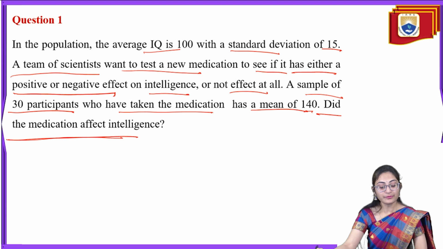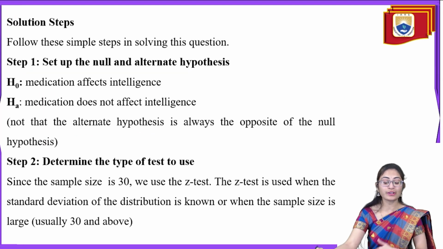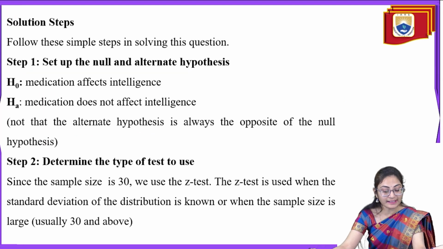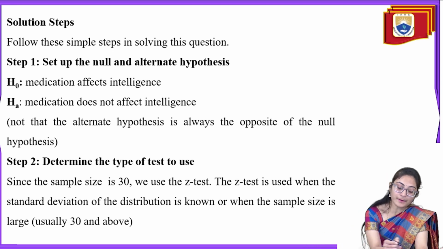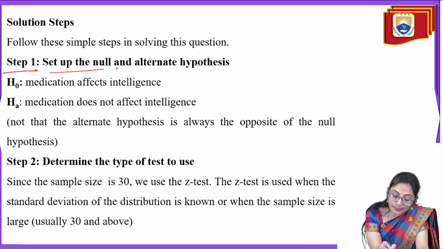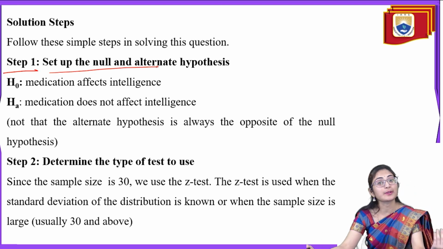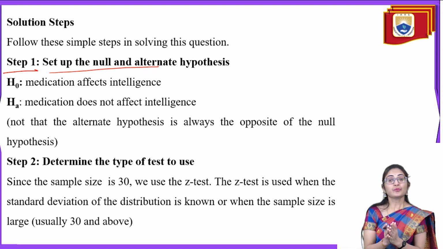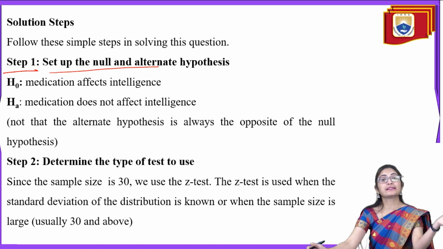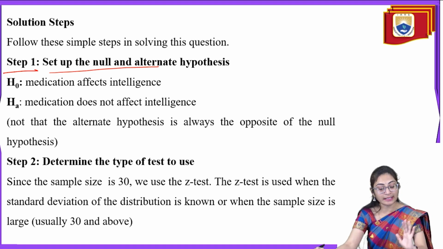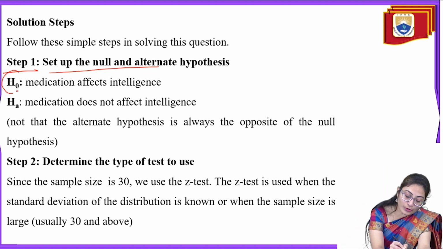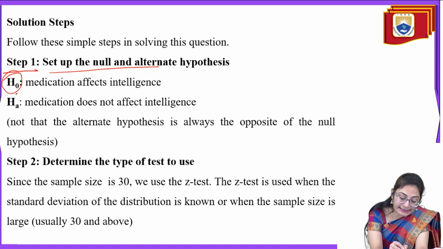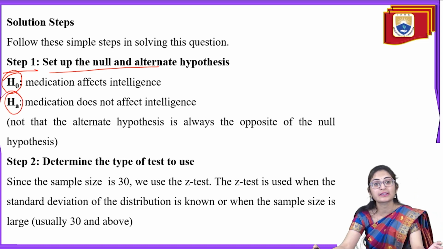So we will see how to solve this problem stepwise. The first step is to set up the null and alternate hypothesis. H naught is the null hypothesis and HA is the alternate hypothesis.